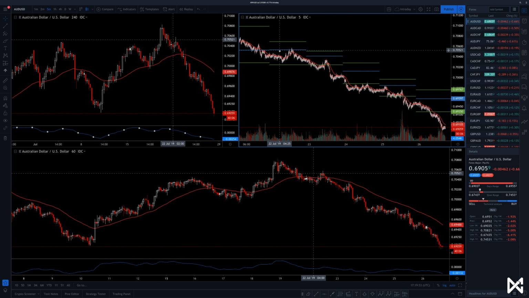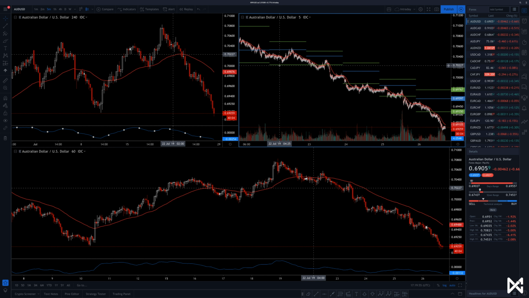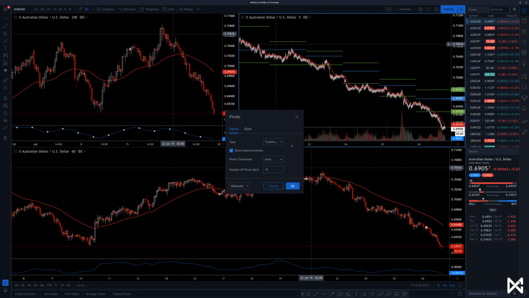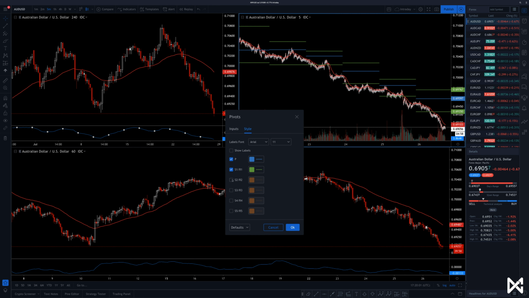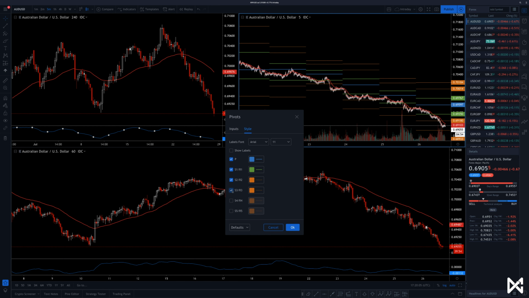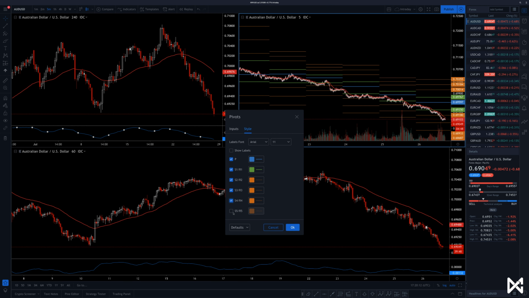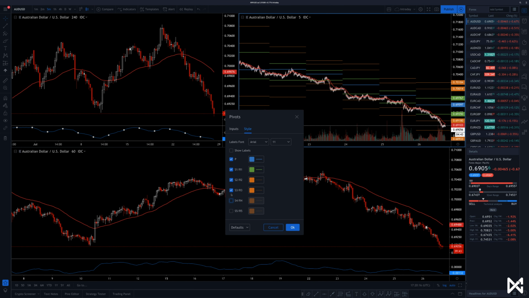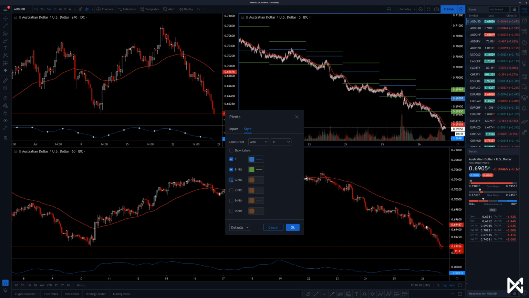Now I can also install S2 and R2, as you guys see, S3, R3, which is support and resistance number 3, and support and resistance number 4, support and resistance number 5. I don't use those. They're not as significant as the initial one, which is just support and resistance number 1.